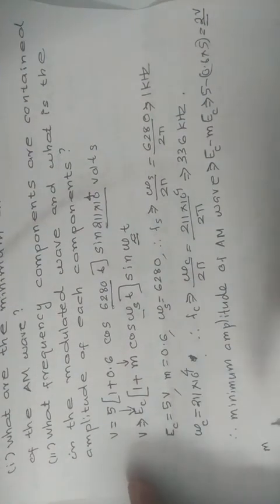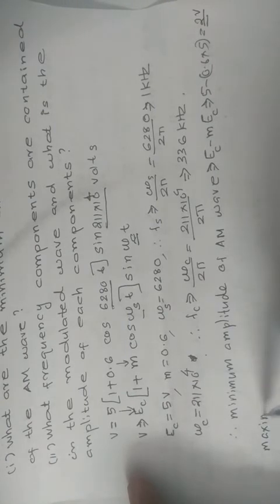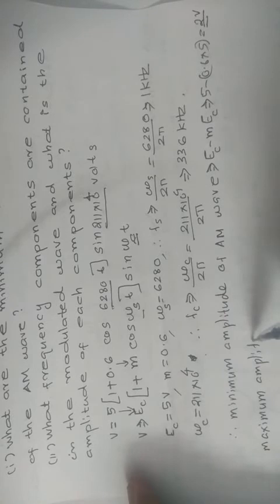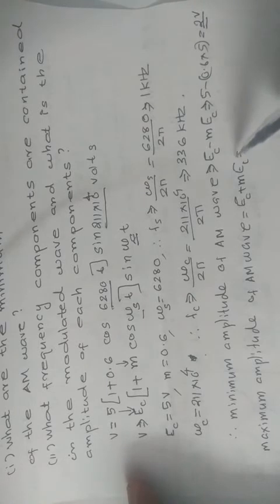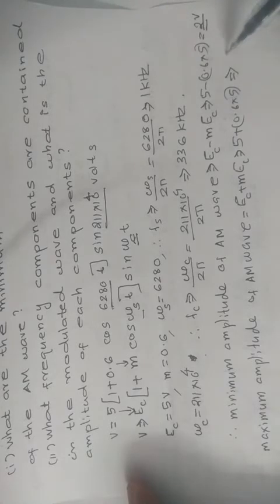And maximum amplitude of AM wave is equal to Ec plus M into Ec. 5 plus 0.6 into 5 is equal to 8 volt.